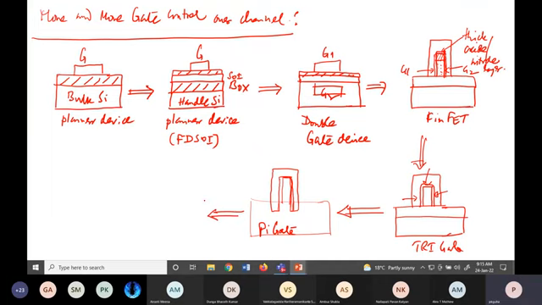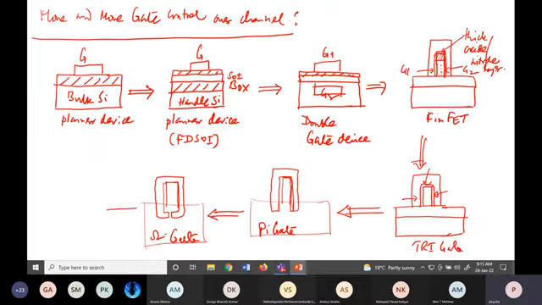We can get more control if we have a gate like this, so this is my fin, a gate structure like this, which is known as the omega gate structure.